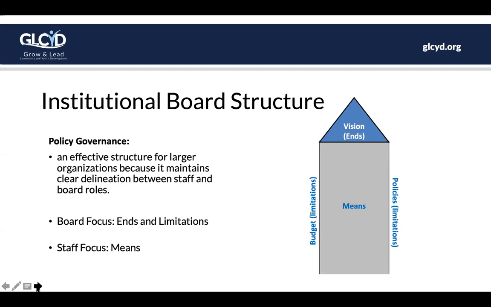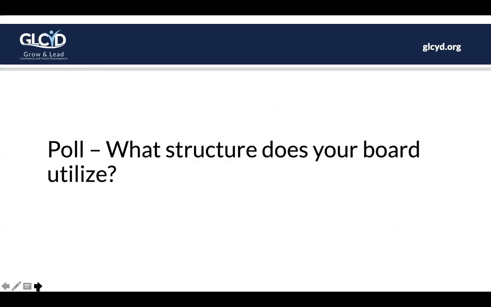The vision is the only thing the board is working on. They set the vision, they make sure that staff are operating within those policies, but they have very few committees. They do very little managerial and tactical work. And you see them, like I said, in large organizations, academia, like 50 plus staff members is what we're looking at for this type of model.